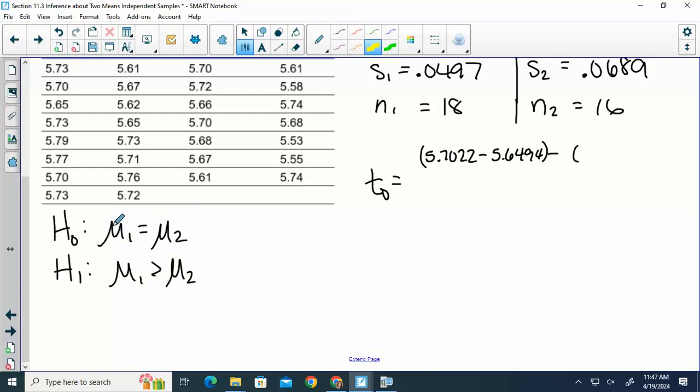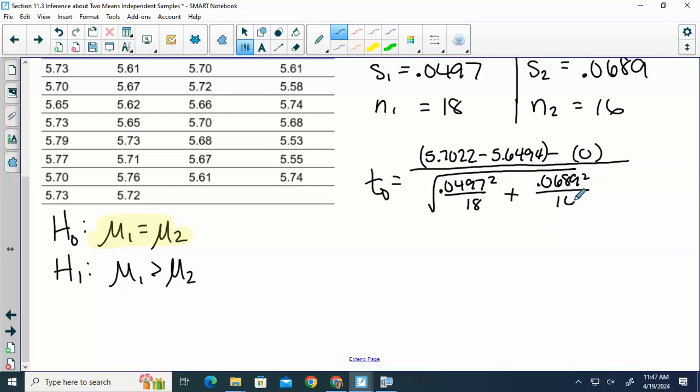If the null hypothesis is true, those population means are equal. So what would you get when you subtracted them? 0. Over square root of the standard deviation of the first one squared divided by the n of the first, plus the standard deviation of the second one squared divided by the n of the second. All right.